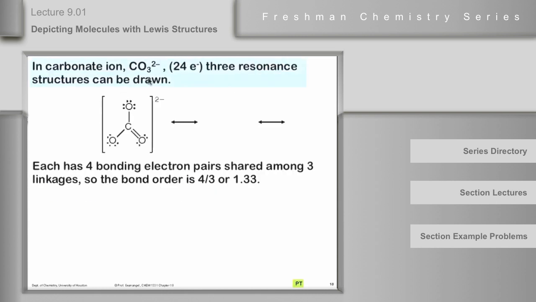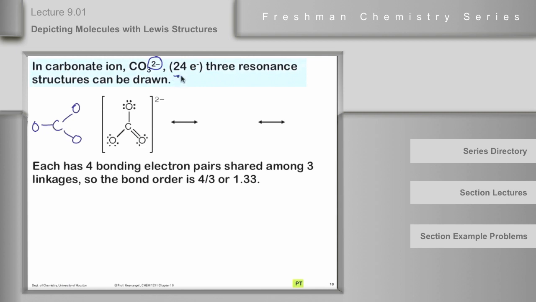In the carbonate ion, CO3 2-, there are 24 electrons. When you put carbon in the middle and the 3 oxygens around the outside, and remember this is a dinegative ion, you have your 24 electrons, and you draw 3 single bonds.